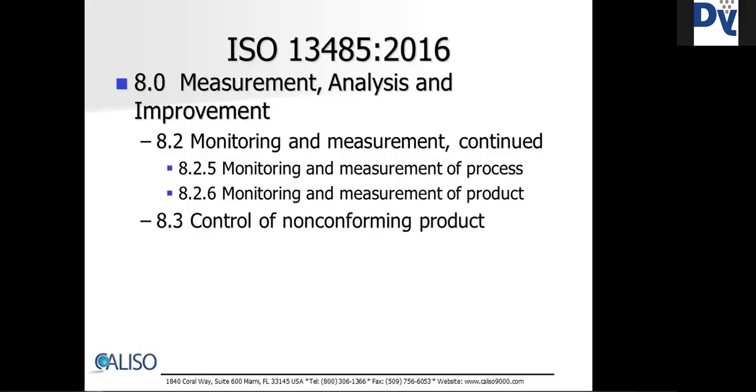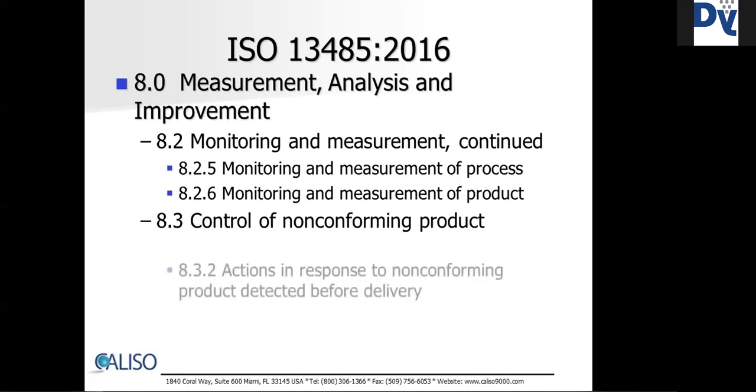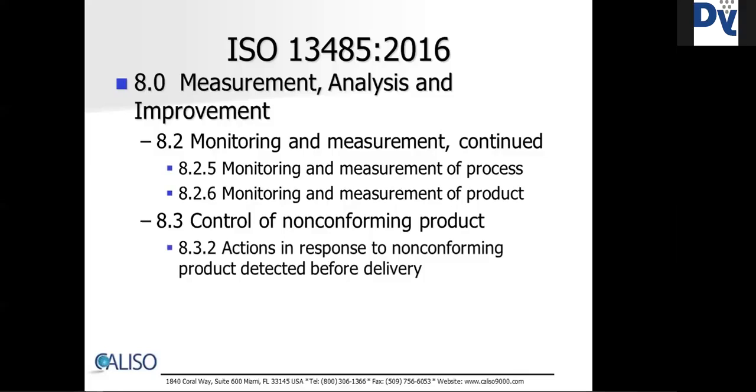Control of non-conforming product. Product that does not conform needs to be identified and controlled to prevent its unintended use. Actions in response to non-conforming product detected before delivery. Product can only be accepted if approval is obtained and regulatory requirements are met.